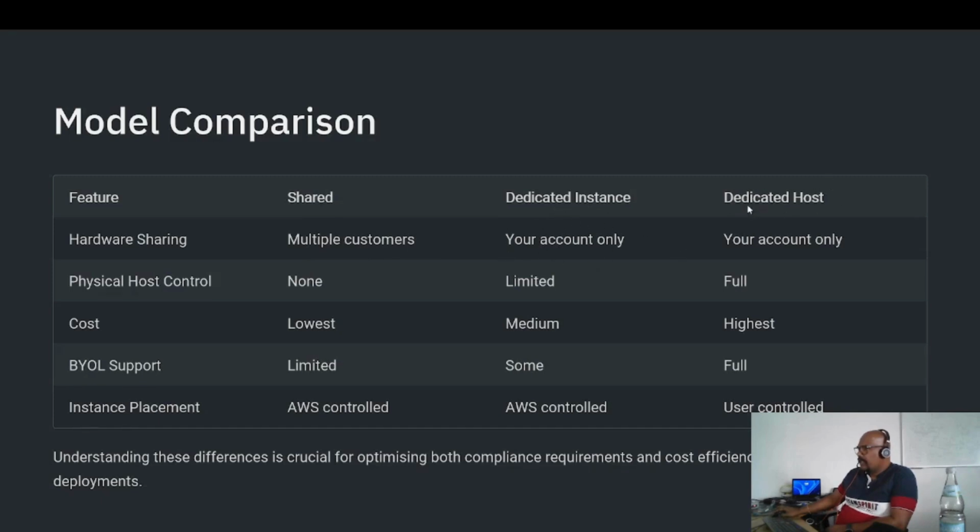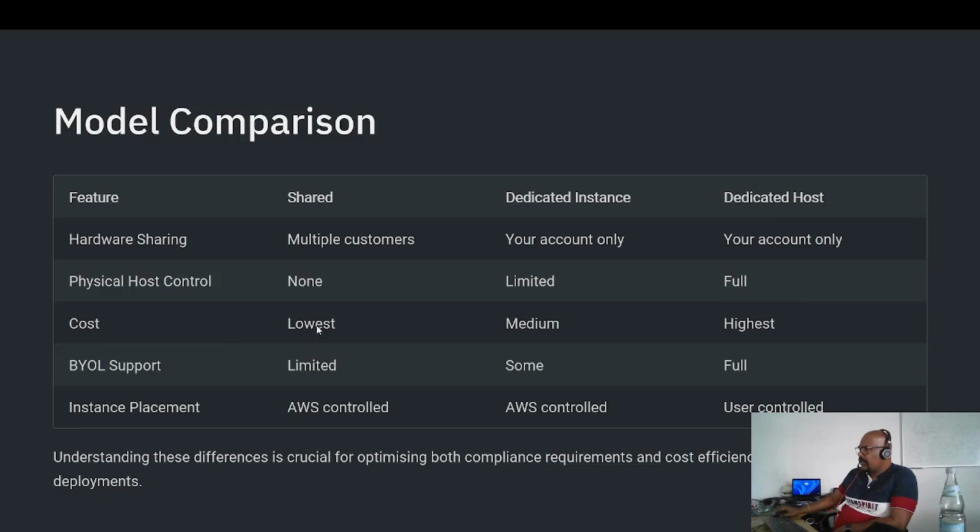Dedicated host is also for one account only. Physical host control: for shared, AWS controls it. For dedicated instance it is limited; AWS allows the customer some permissions. For dedicated host, full control is given to the customer.